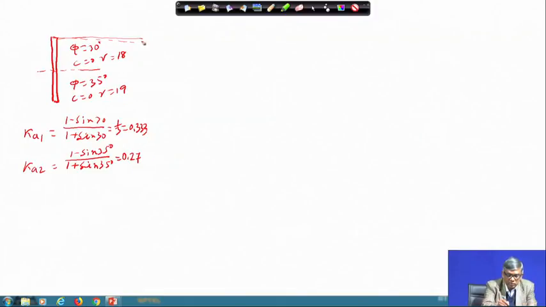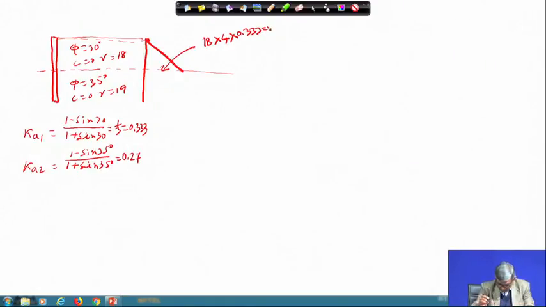Now, to draw the pressure diagram, the pressure diagram will be something like this. How much is it? This will be 18 multiplied by 4 multiplied by 0.333, so it will be ultimately 24.